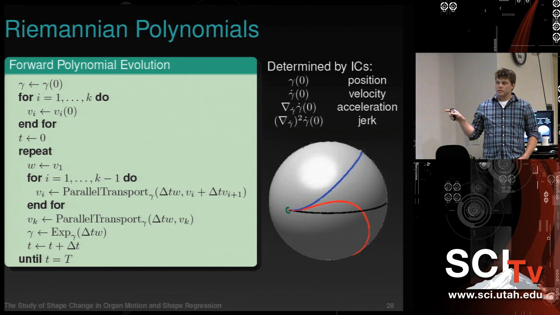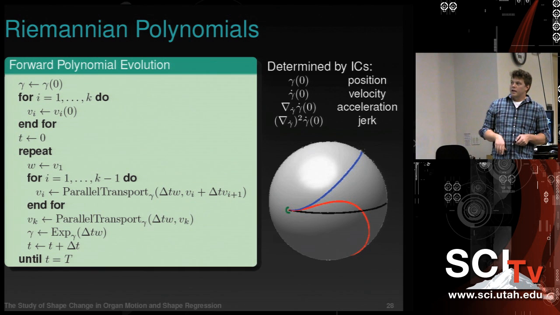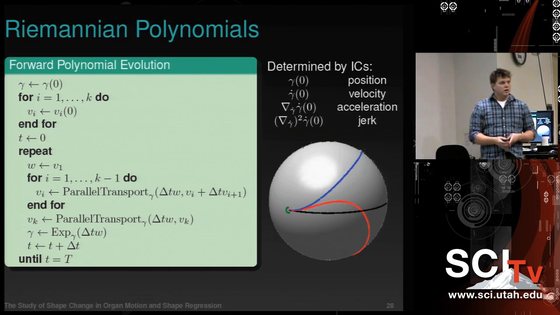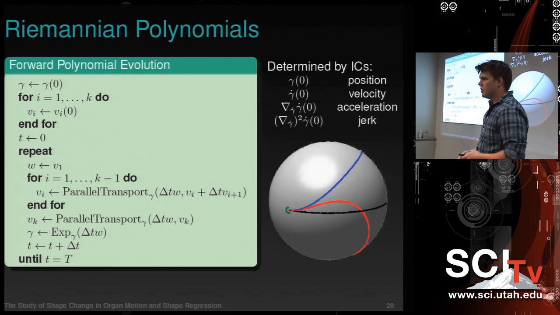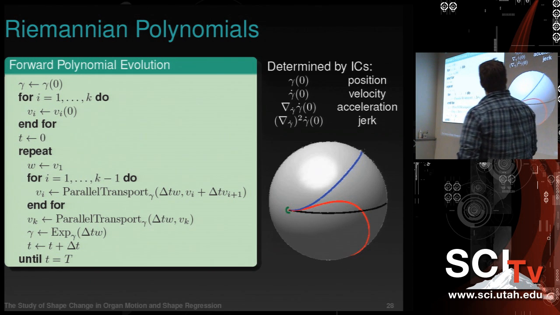There's more; I'm going to give a reference on the next page that gives a little bit more detail. But suffice to say that these parallel transport and exponential map functions come with the manifold. They're defined by whatever Riemannian manifold you're on. And so if you know the manifold, you can compute what these functions should look like.